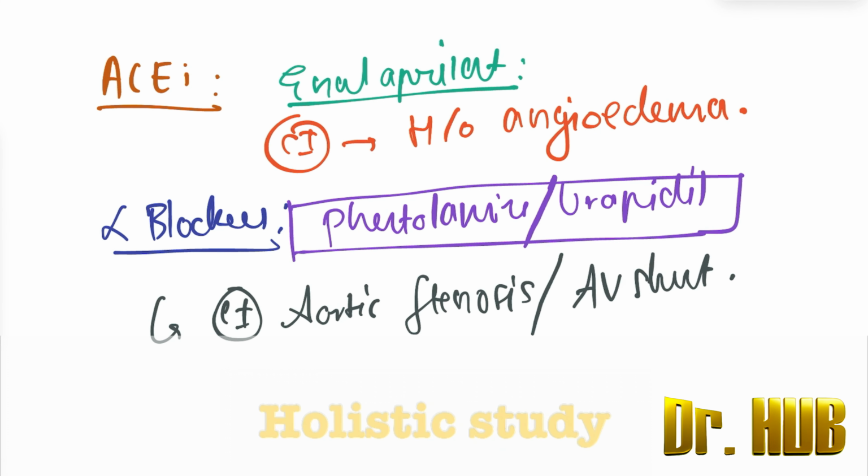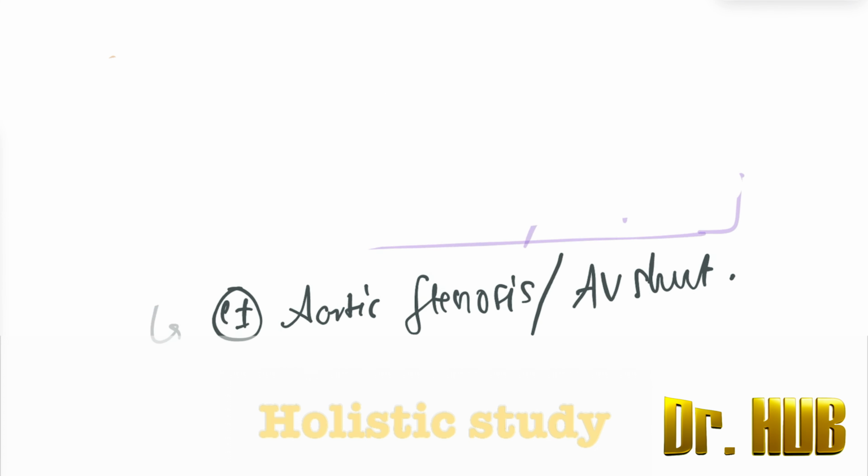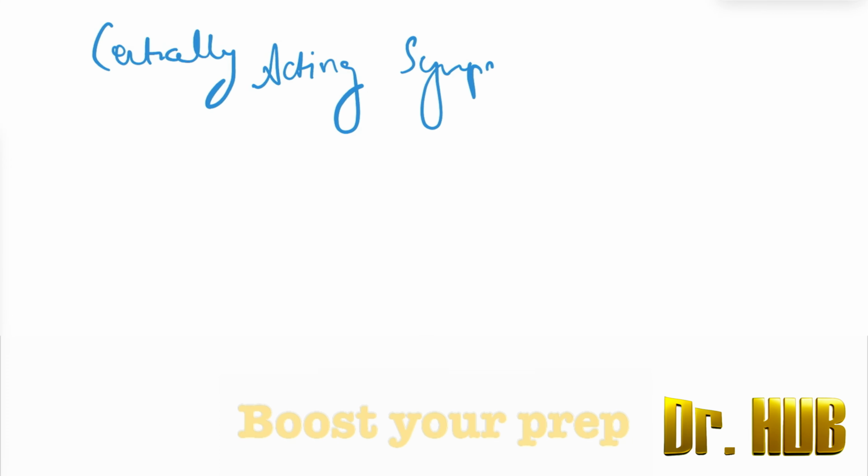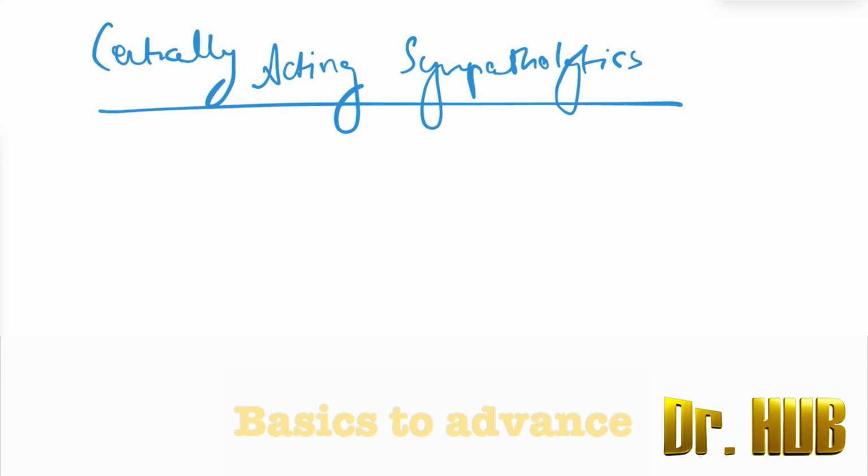So we saw about the alpha blockers. Next we'll be moving on to the centrally acting sympatholytics. Under this, the example is clonidine.